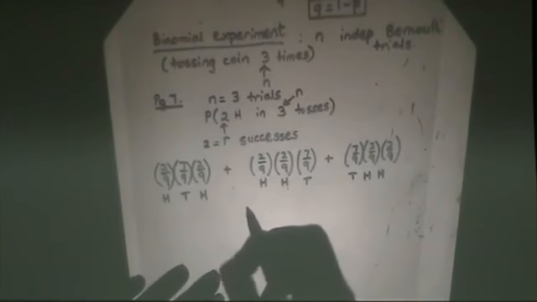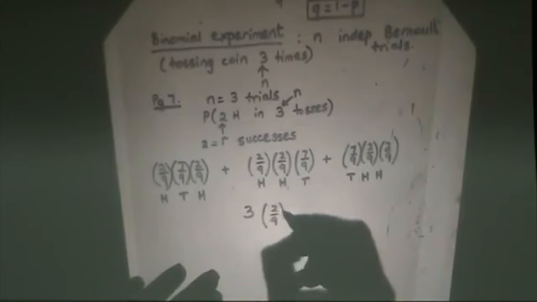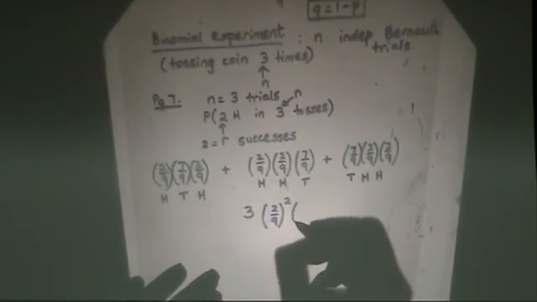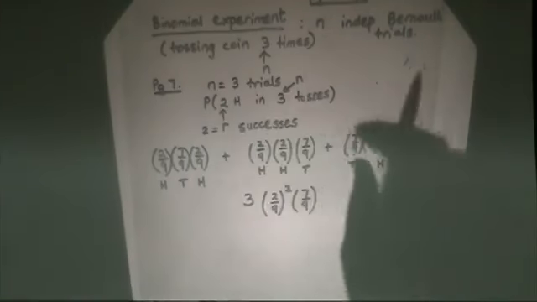So I'm going to say 3 times 2/9 squared times 7/9. Does that make sense? 3 different arrangements. That's where this 3 comes from.